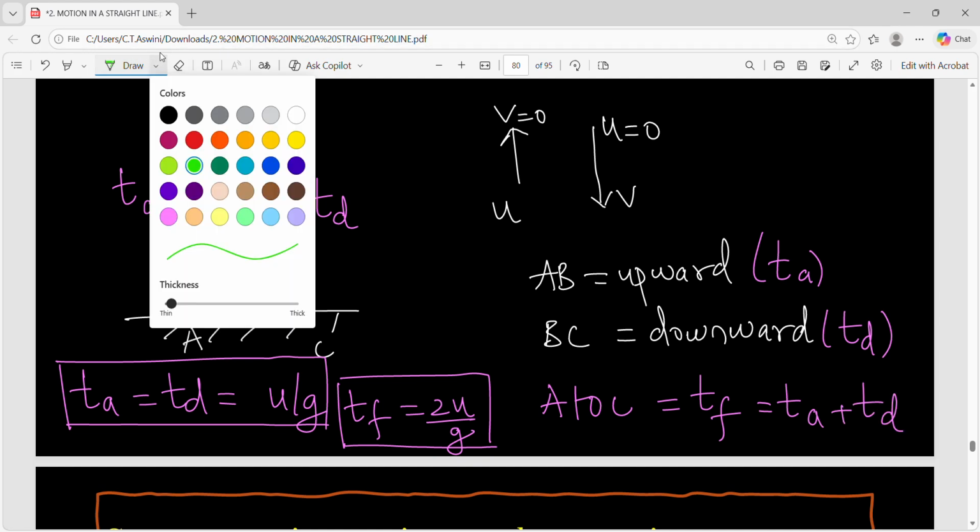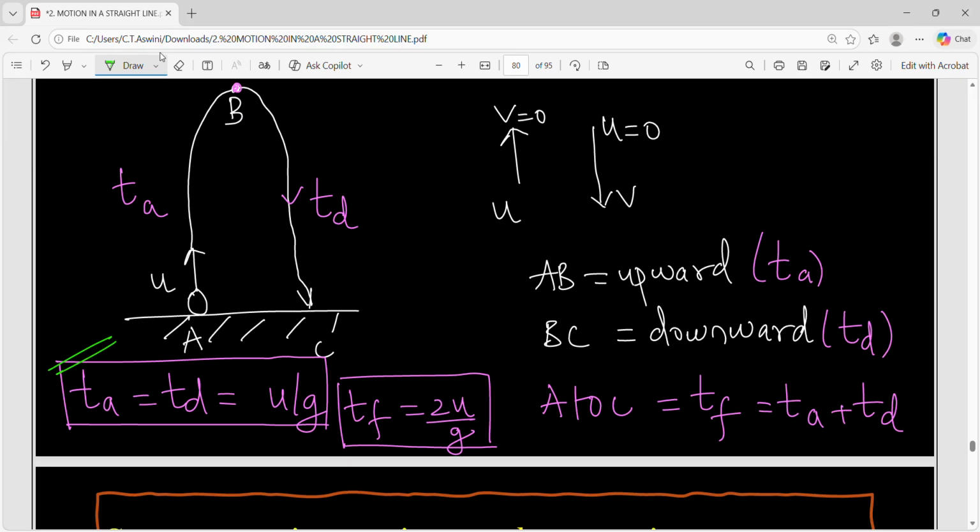So remember these two formulas. Time of ascent, time of descent, both of them same formula U by G. And time of flight is the total time for which the body remains in air. It is 2U by G. How can you define time of flight? Ascent time plus descent time. Also, you can define it like how much time the body remains in air.